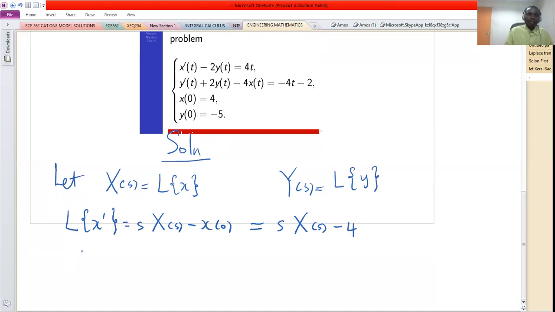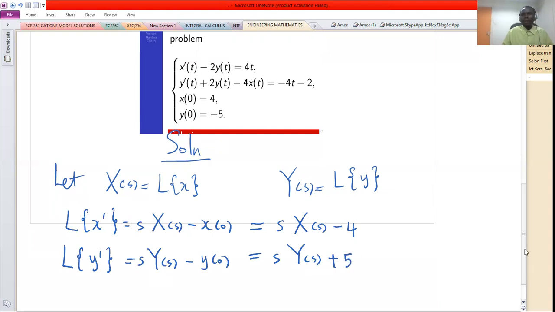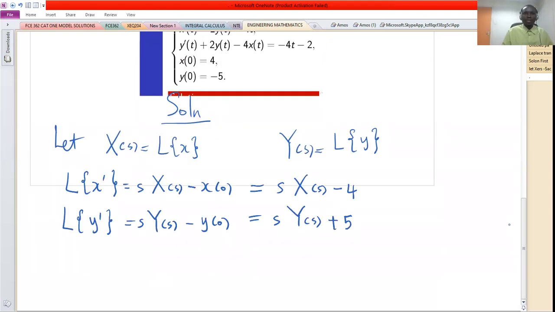And the Laplace transform of y prime is s Y of s minus y at 0, which will be s Y of s, and then this is minus 5, so plus 5. Let me call this one star.